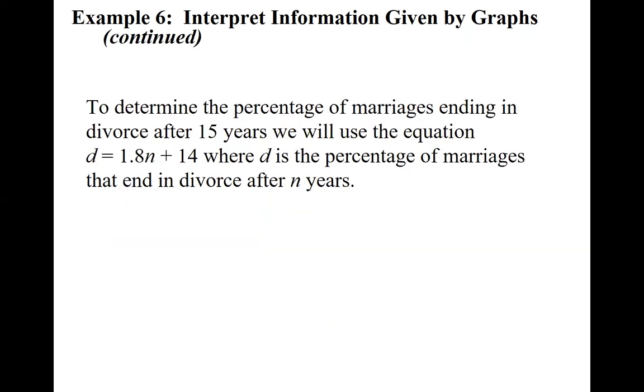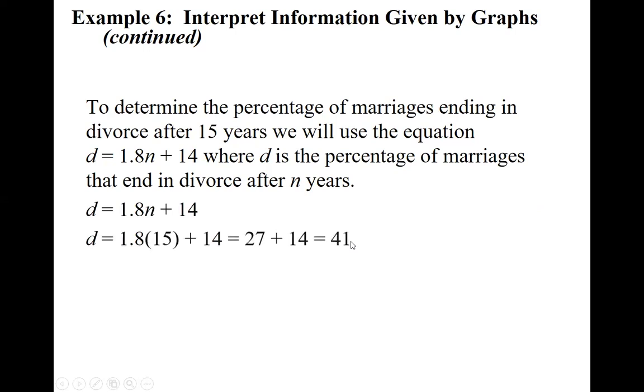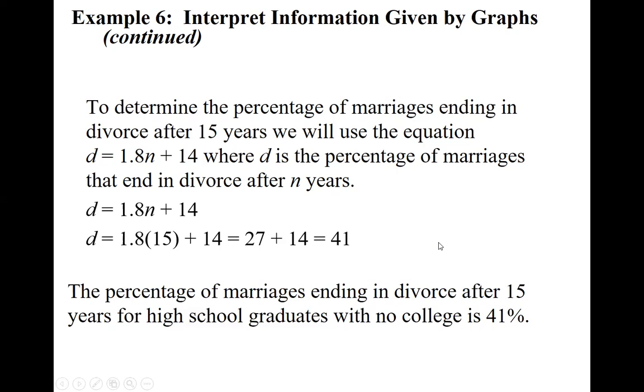So we're going to plug 15 in for n. 1.8 times 15 gives us 27. 27 plus 14 gives us 41. So the percentage of marriages ending in divorce after 15 years for high school graduates with no college is 41%. And that's it for this topic.